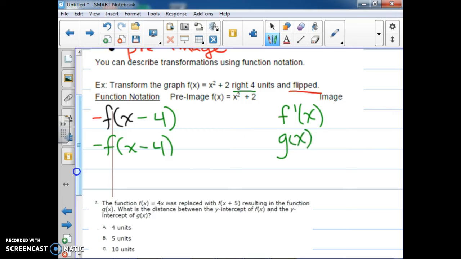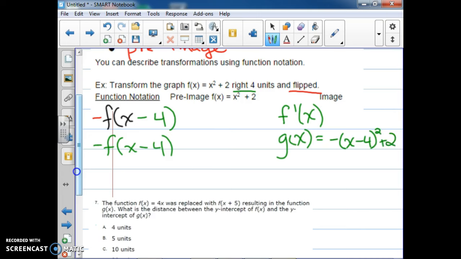But your problem will state what it is. And so our image for this function, because we flipped it and we moved it right, our image would be g of x equals negative x minus 4 squared plus 2.